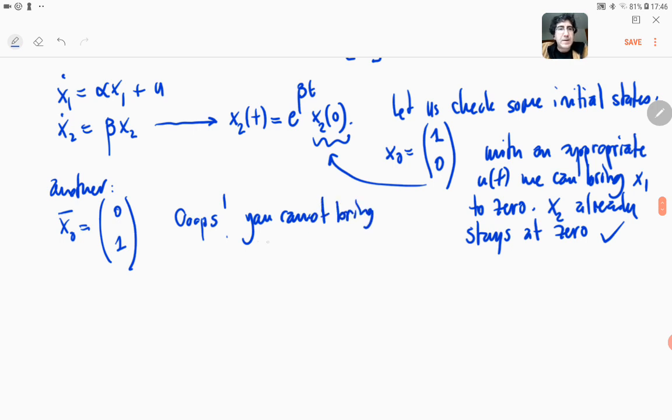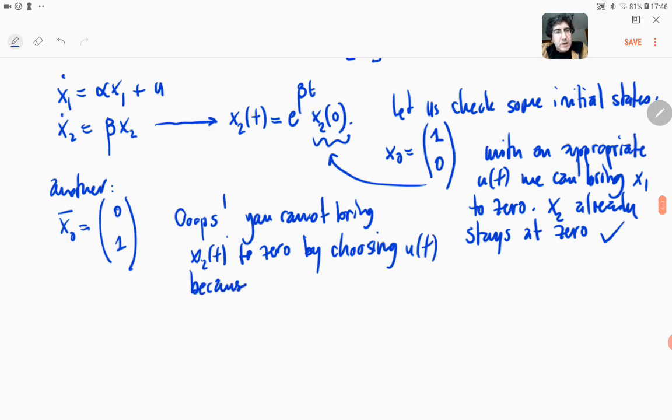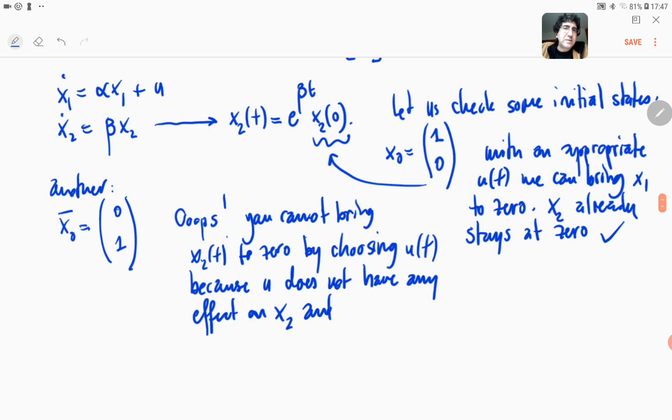So you cannot bring x2 of t to 0 by choosing an input u of t, because u does not have any effect on x2, and x1 and x2 are not connected to each other.